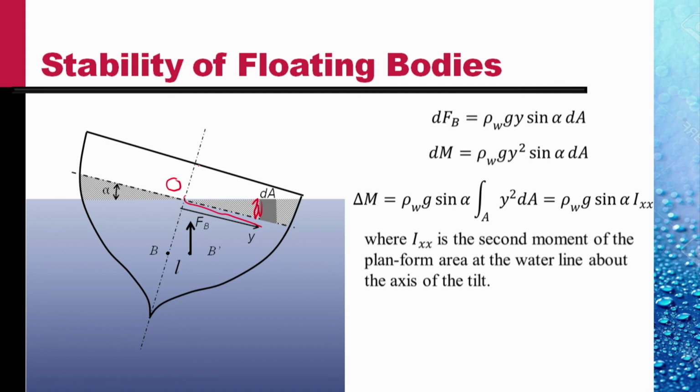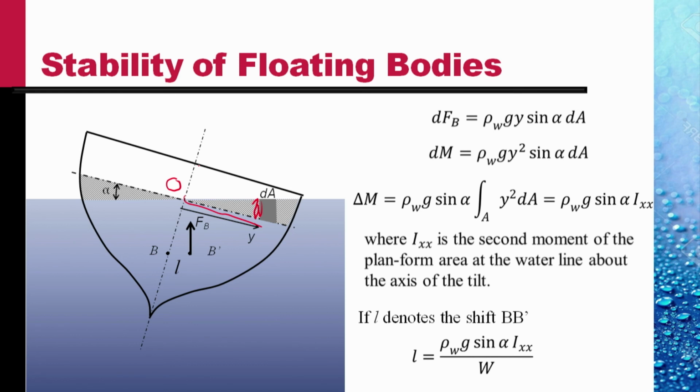This additional moment is now found to be rho w g sine alpha times Ixx, where Ixx is the second moment of the platform area at the water line about the axis of the tilt, that is perpendicular to the screen at point O. This additional moment must be equal to L times the force of buoyancy, which is equal to the weight of the ship.